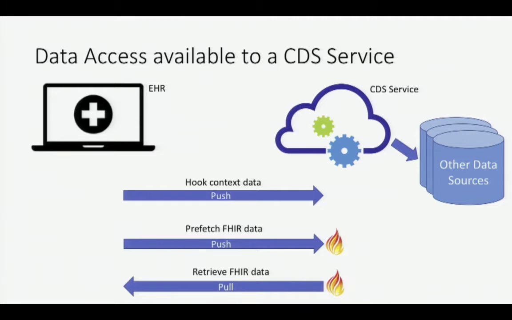The main reason would be that you always need that data. The other reason is you may be in an environment where you don't have access to call the FHIR server. And so you're basically asking if the EHR could send that data to you, because you have no way to reach back in, so it's going to push it to you.